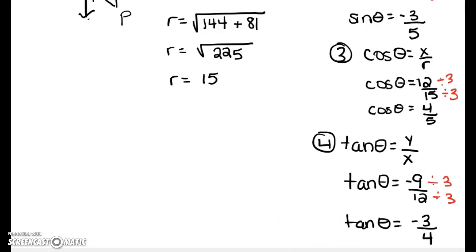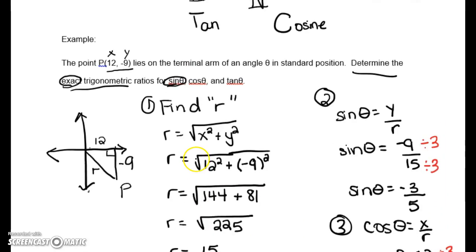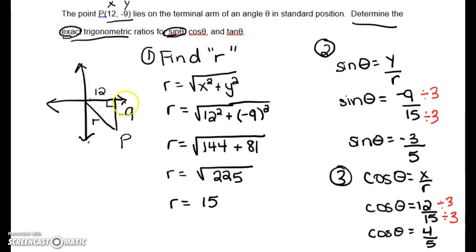Now, one thing that's going to be really important here is we can double check our answers in terms of our positive and negative symbols. So just go back and look at where your angle is. Your angle here is in quadrant 4. So using your CAST rule, you have C, A, S, T. In quadrant 4, the only ratio that should be positive is cosine.